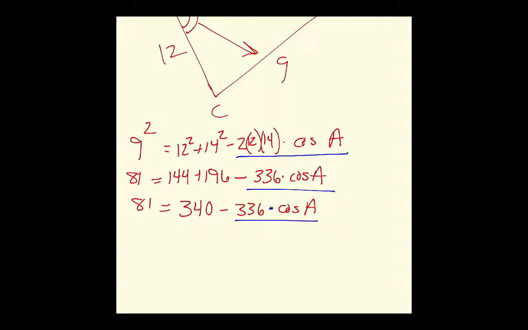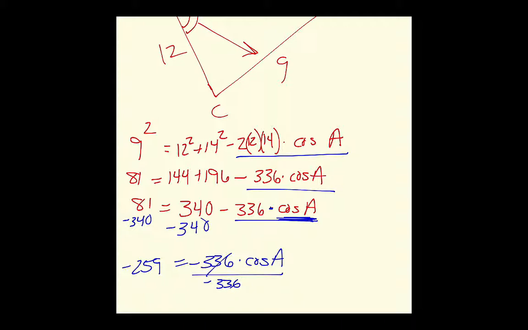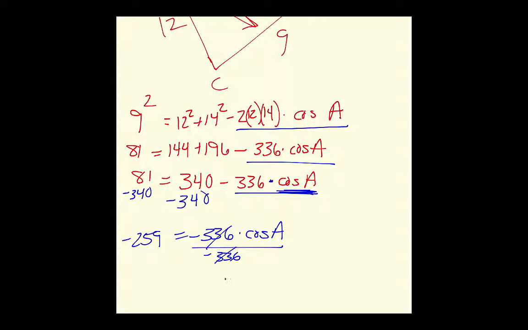What I need to do is subtract the 340 to the other side to get this variable of cosine of A by itself. So 81 minus 340 is negative 259, and that should equal negative 336 times the cosine of A.